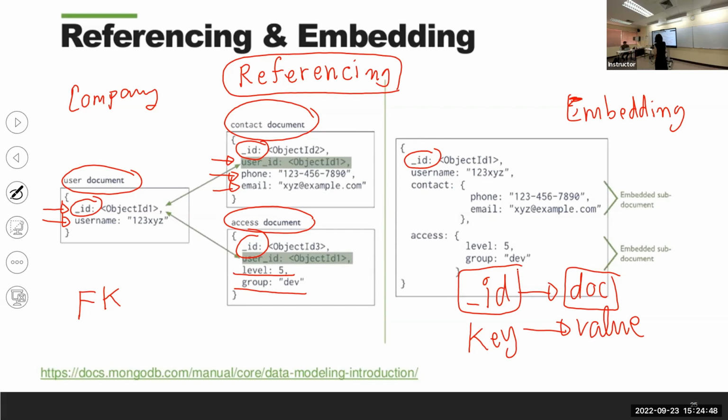Anyway, back to this. You can use referencing, which is similar to the foreign key mechanism, in which you split every document, similar to the way you split tables, and you link through the mechanism of key or ID.